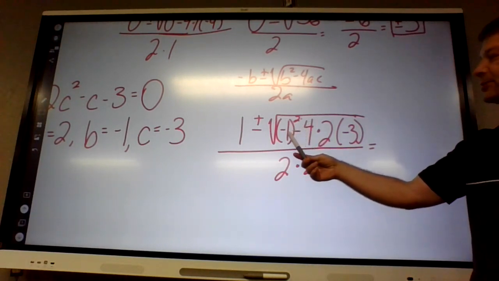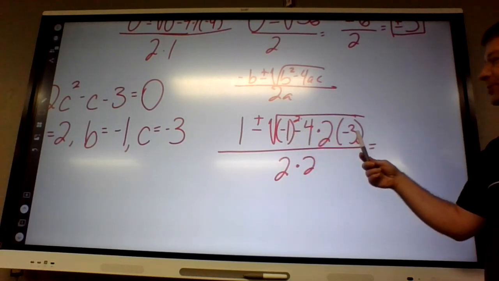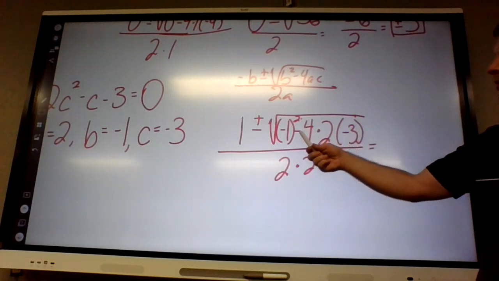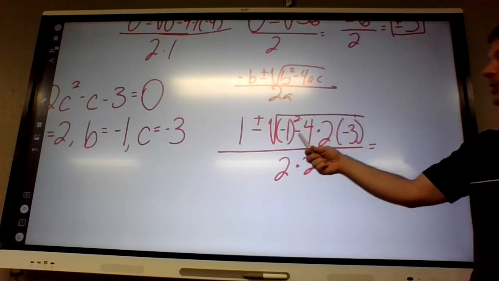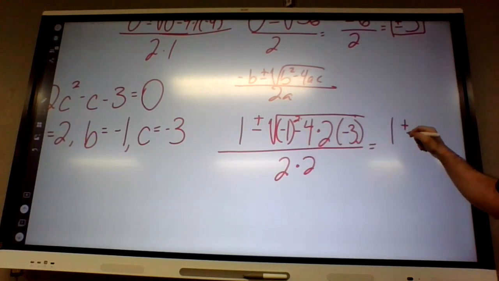So what we got here is a positive 1 minus 4 times 2 times minus 3. 4 times 2 times 3 is 24. The minus and the negative make it a positive. So this is going to be the square root of 25.